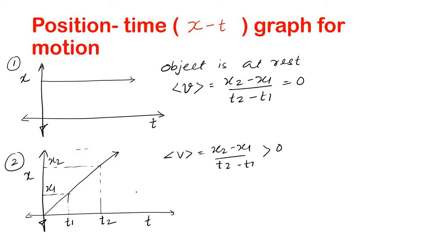This graph tells me that for any time interval I measure, the slope is going to remain the same because it is a straight line with a given slope. The slope is this ratio, the average velocity. Therefore, this straight line tells me that the velocity of this object's motion is constant.